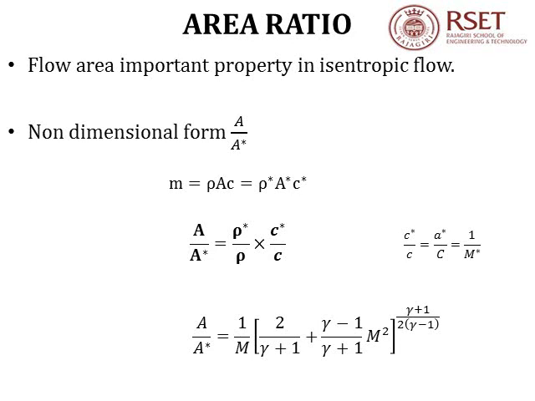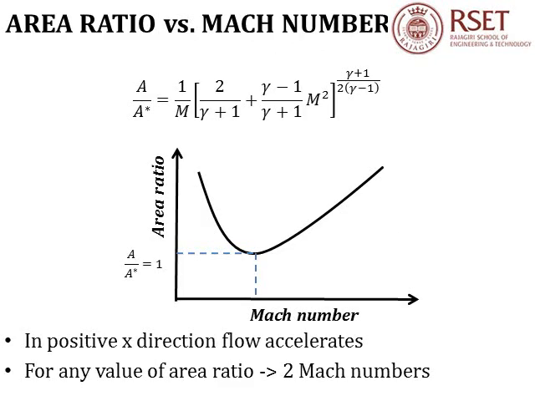Substituting these relations, we will get a relation for A by A star in terms of gamma and Mach number, which is shown by the final equation. Using this equation, we can plot the change in A by A star with respect to Mach number. The plot obtained is shown in the figure.